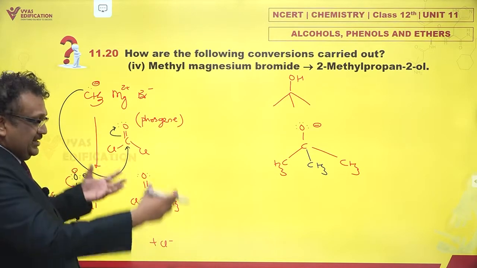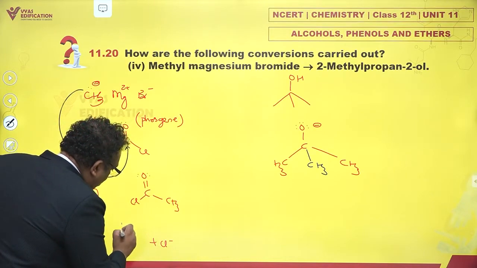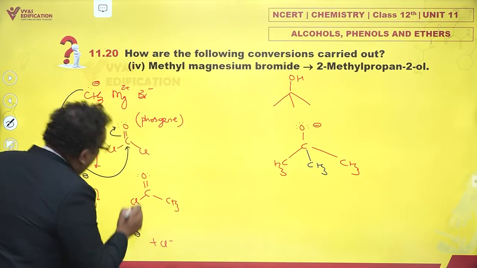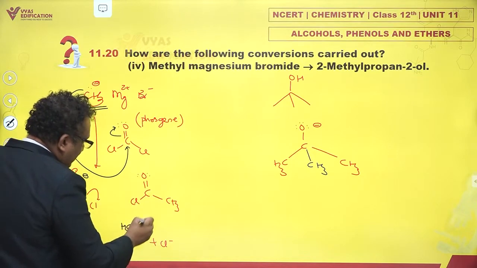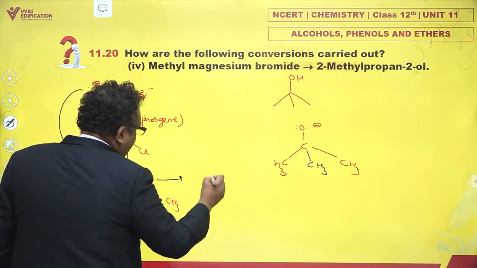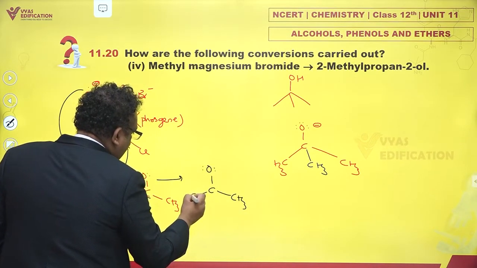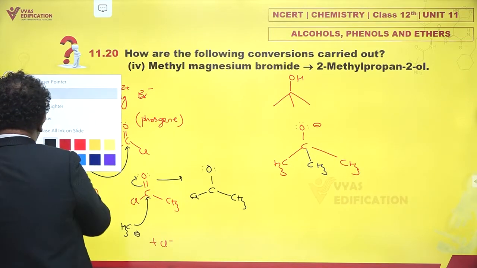Again, because it is the same mixture in which the reaction is happening, this is noticed by another molecule of the same Grignard's reagent. Once again, attack. It is in full attack mode. I get CO, CH3, Cl, yes.